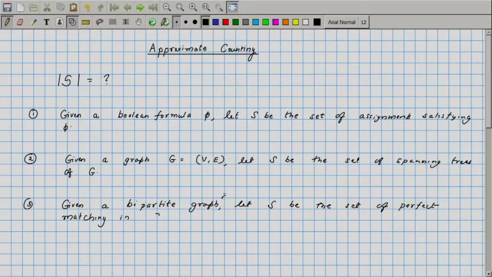If we call this bipartite graph G, we want to know the number of perfect matchings that are there in G.